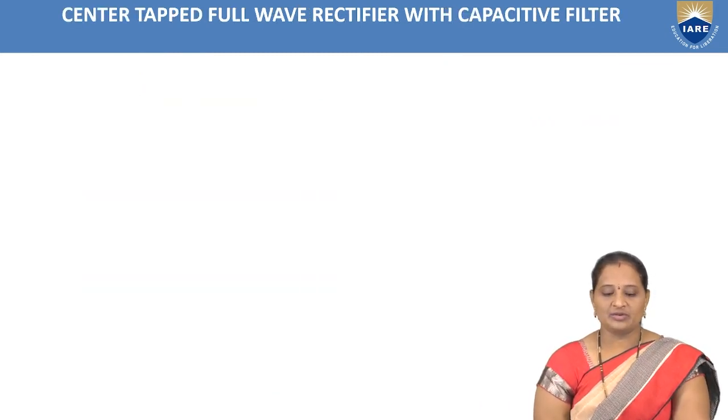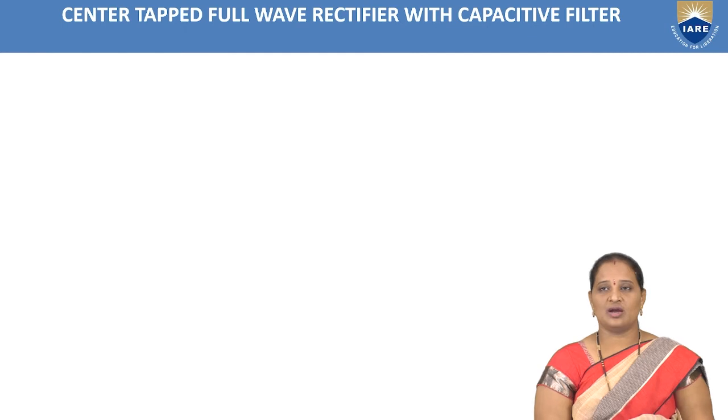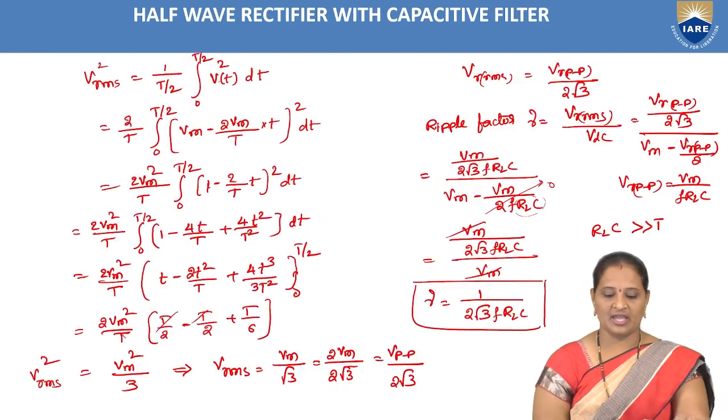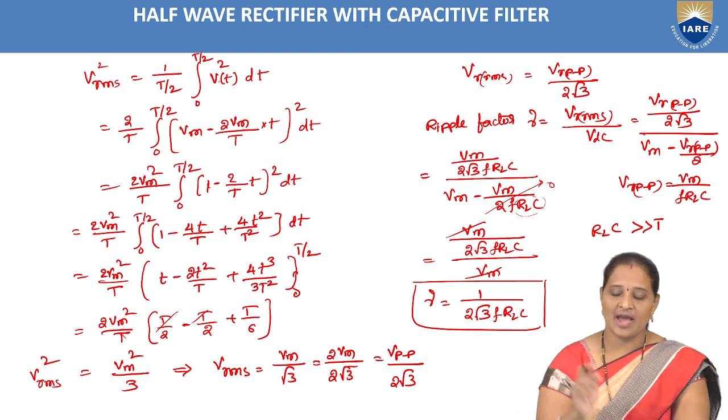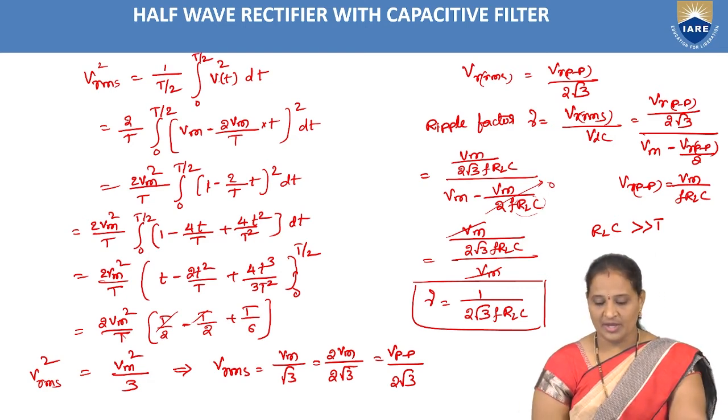Now, coming to the center tap. What we have done is, we have taken the output waveform of the half-wave rectifier with capacitive filter and derived the equation for ripple factor.